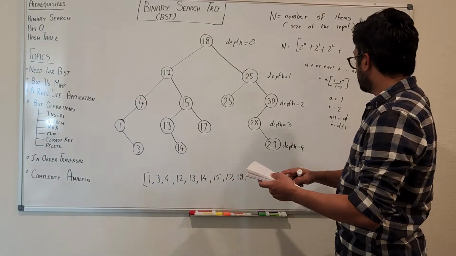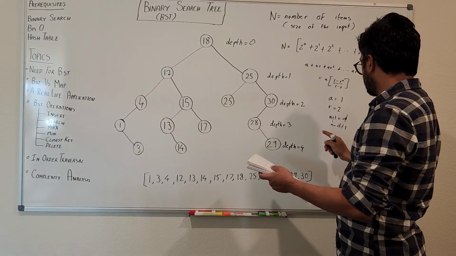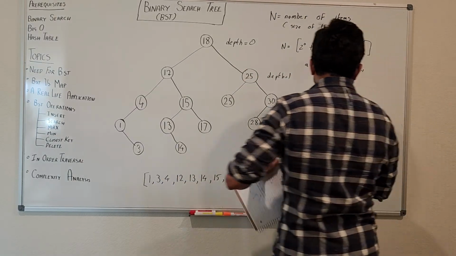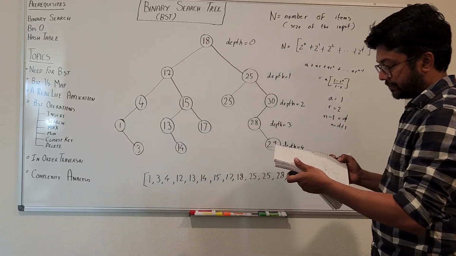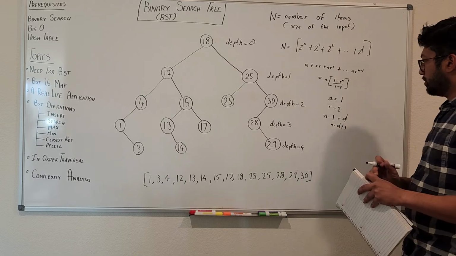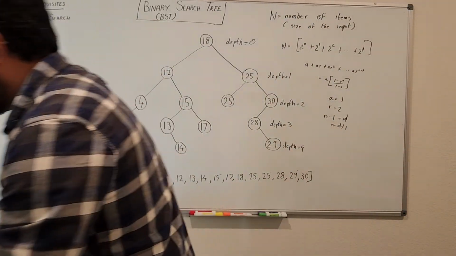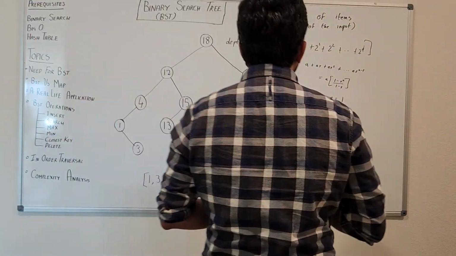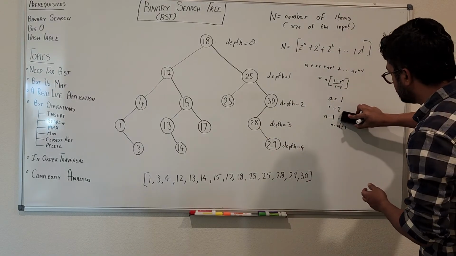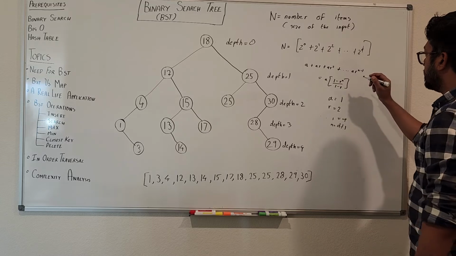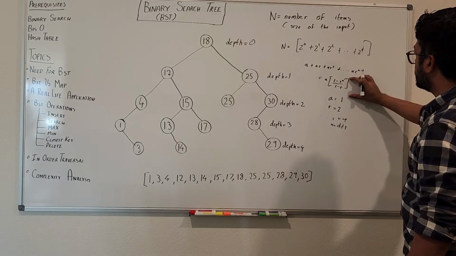A is 1, r is 2, n minus 1 is d. Yep, so n is equal to d plus 1. Now if I substitute this in the equation, a is 1, r is 2, and n minus 1 is d, which means n equals d plus 1. I can replace this whole with this one, right?